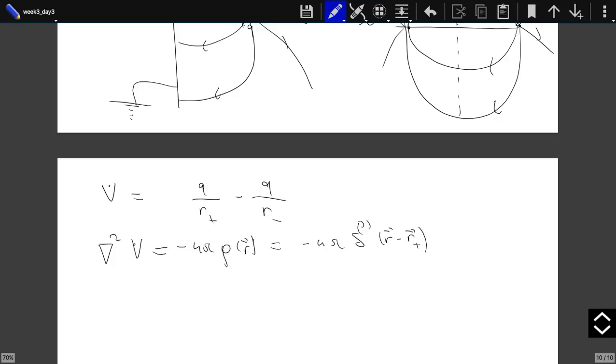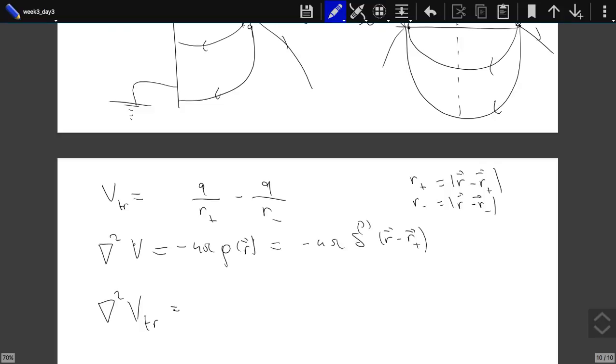So we don't need to go and look for other solutions. Let's call this one the trial potential. It satisfies the boundary conditions. Let us act on it with the Laplacian. R plus is the distance of r from the positive charge, and R minus is the distance from the negative charge.